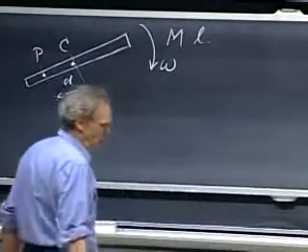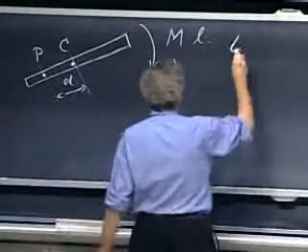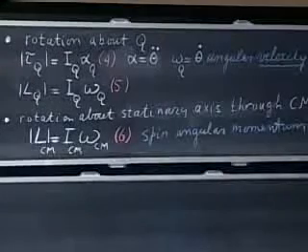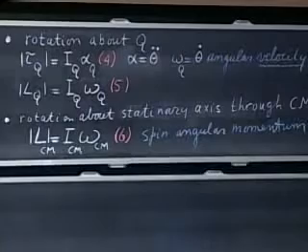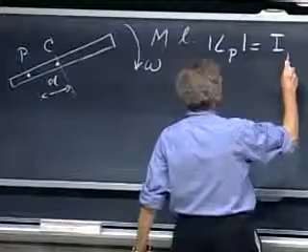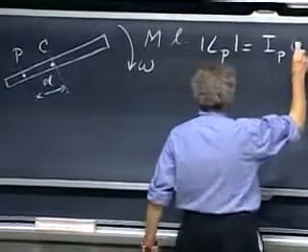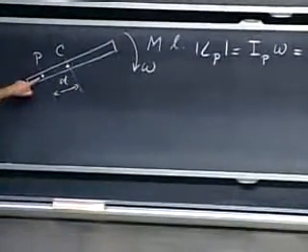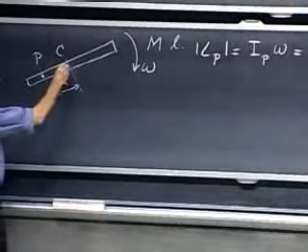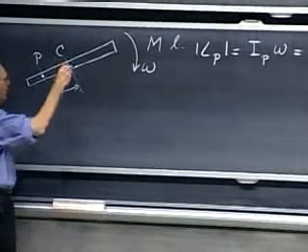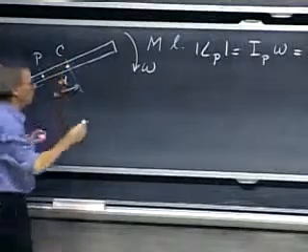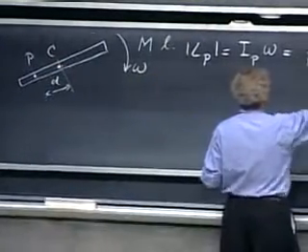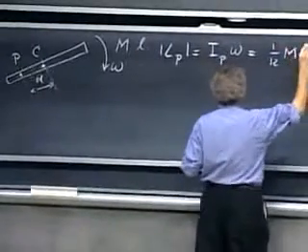I'd like to know what the magnitude is of the angular momentum relative to point P. And for that, I go immediately to equation 5. So that tells me that it is the moment of inertia about that axis through point P times omega. I remember the parallel axis theorem. I know that the moment of inertia for rotation about the center of mass through this axis perpendicular to the blackboard equals 1/12 mL squared.